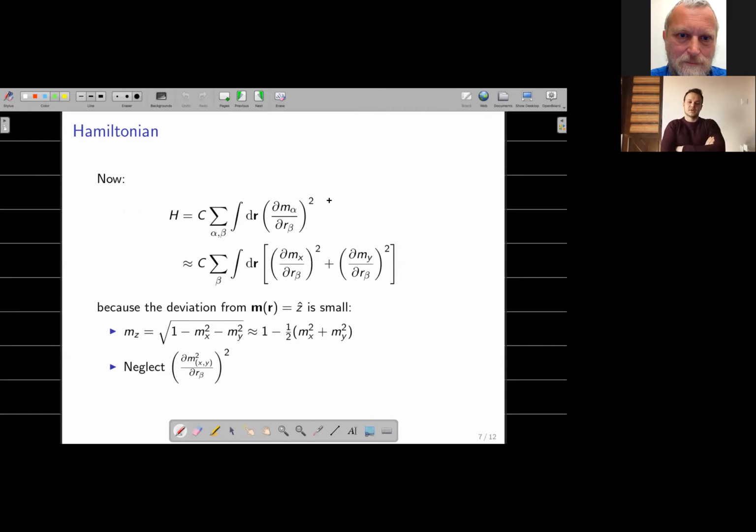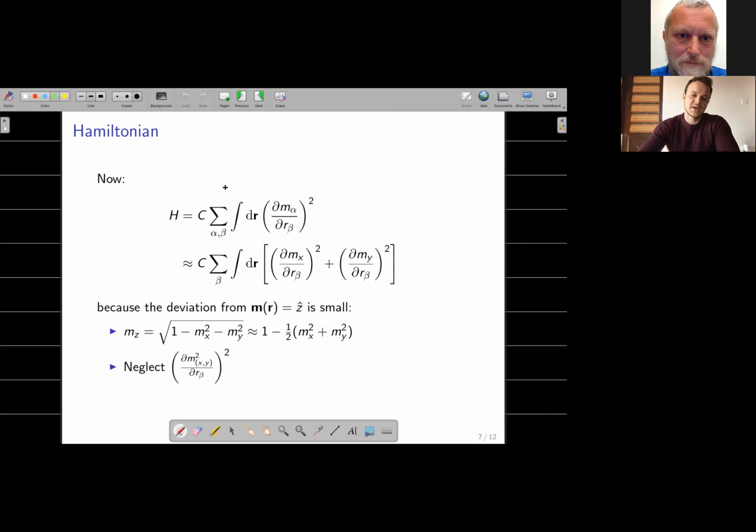We have the following Hamiltonian now. And again, we're going to perform the same approximation, meaning that we're going to look at deviations from the z direction. So we're going to assume that there are fluctuations.